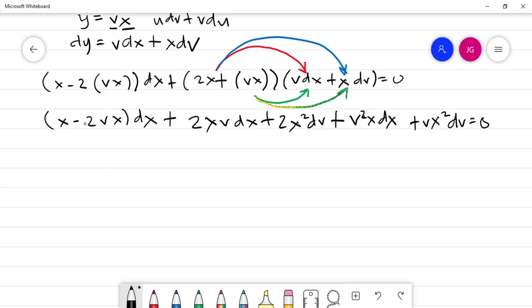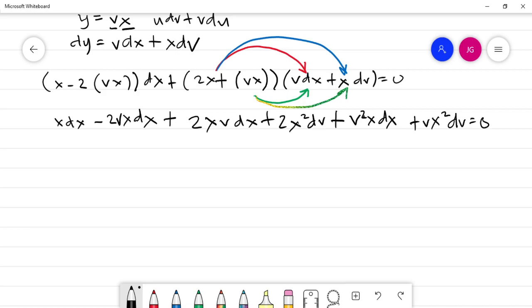Okay, distribute the dx. Then this will become, okay, distribute down guys, that is x dx minus 2vx dx.